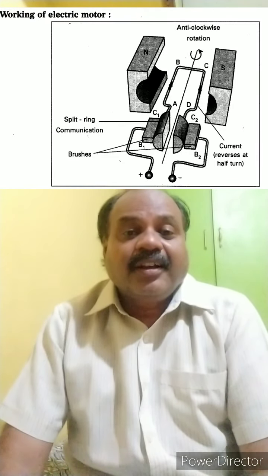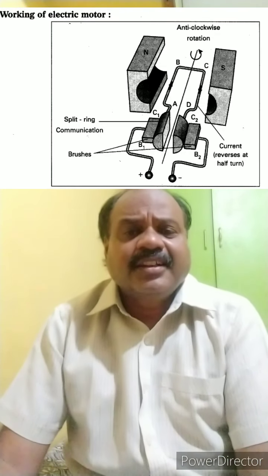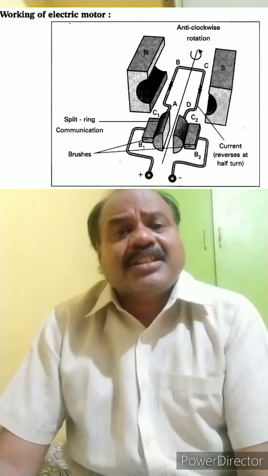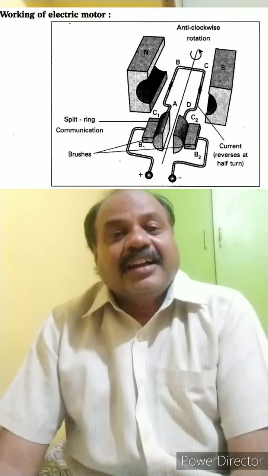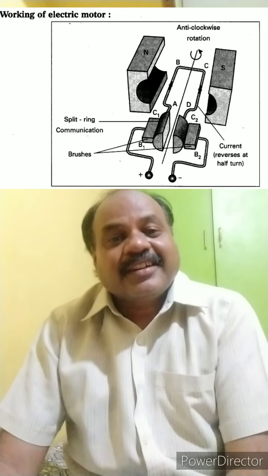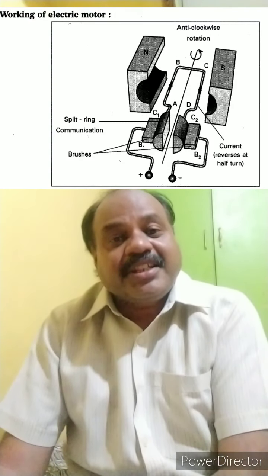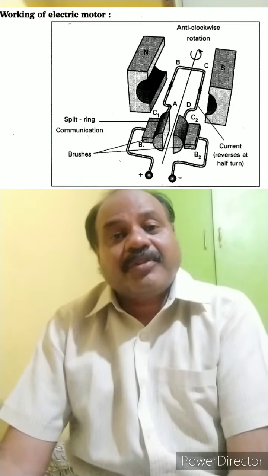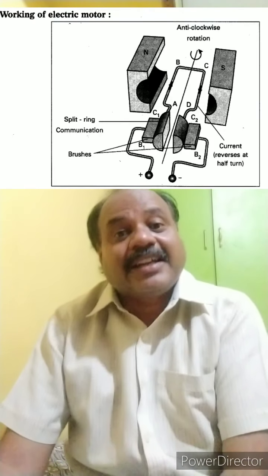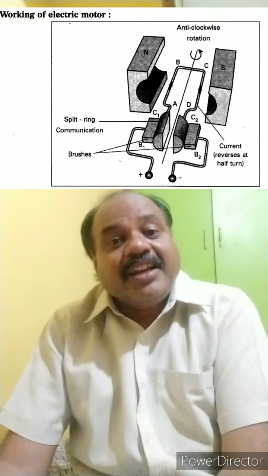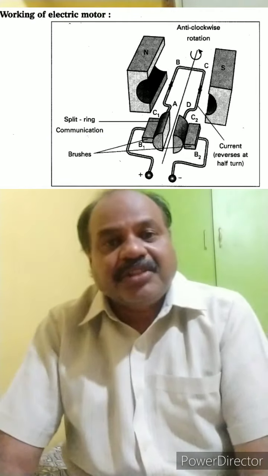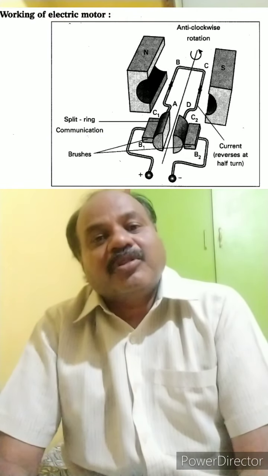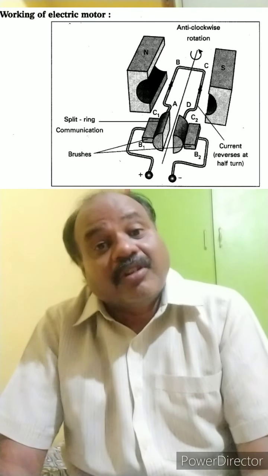Suppose that shaft and some device are connected with a belt. The shaft rotates. The device which is connected to that shaft with the belt, that device also rotates. So in this way, the electric motor is used and works.